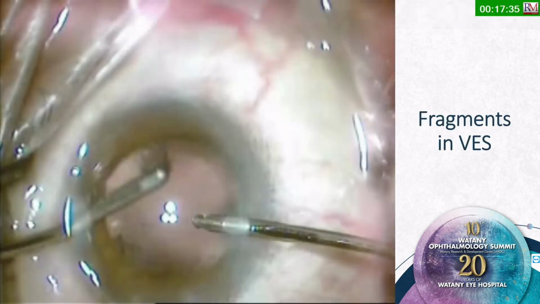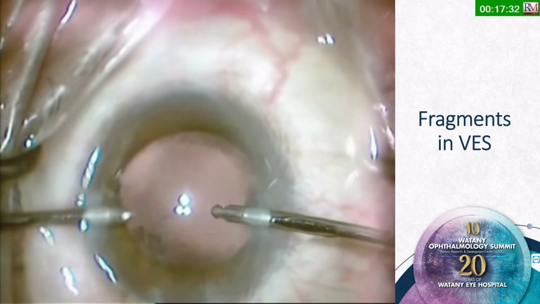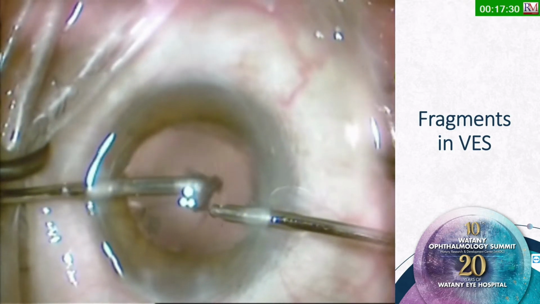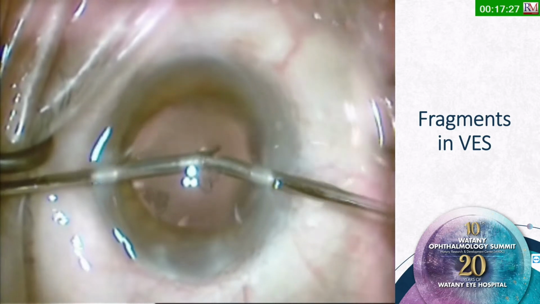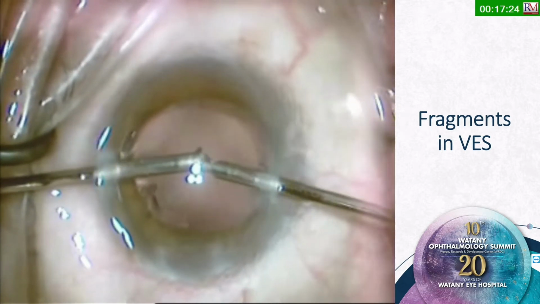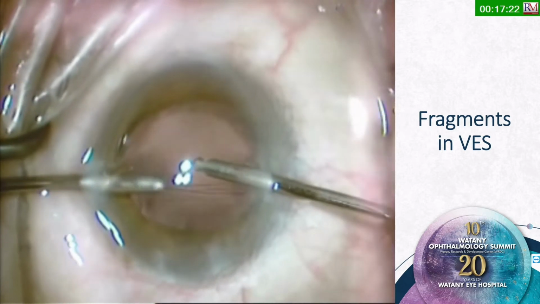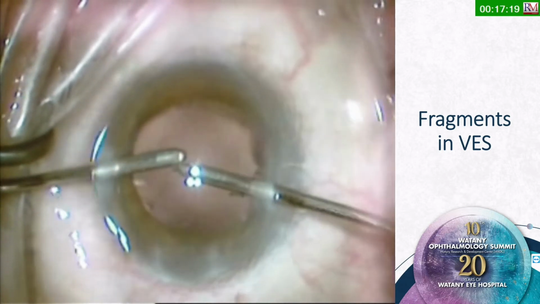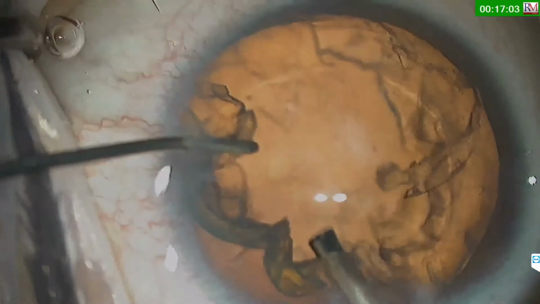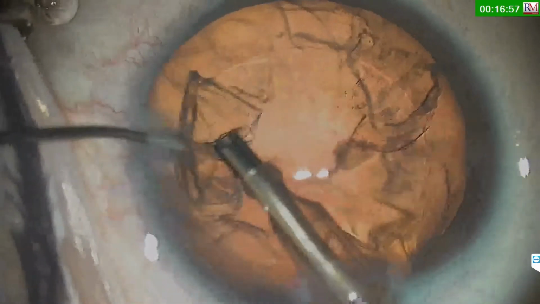Within the viscoelastic, we owe a lot to the viscoelastic because it protects the cornea, but at the same time it holds the micro fragments inside it. In the past we used to say leave the viscoelastic, it will absorb, but I'm telling you that you have to remove as much of the viscoelastic as you can, not because it does not absorb. Yes, it does, but it contains microfragments inside. You would wonder why these fragments are floating and sticking to the endothelium of the cornea.